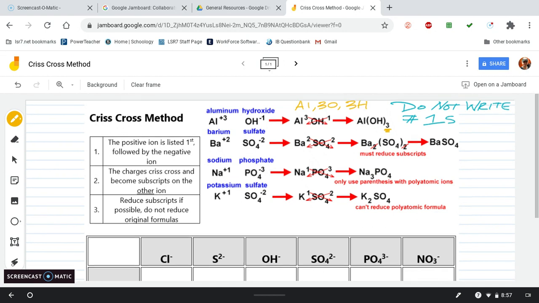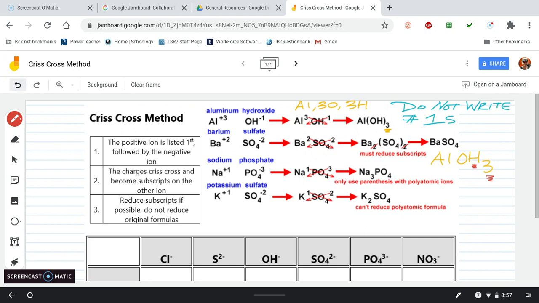If you wrote it incorrectly, let's say you wrote it like this, ALOH3, the problem is this 3 only applies to the H. It doesn't make it over to the O. If a number is right next to an element, then that only goes to the element it's next to. But if it has a parenthesis, then it goes to everything. So if I put this in parenthesis, the 4 is going to go to the O and the S.